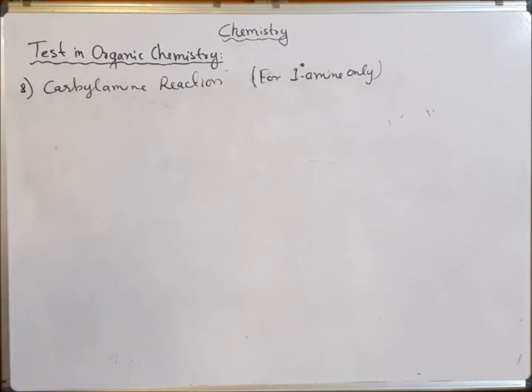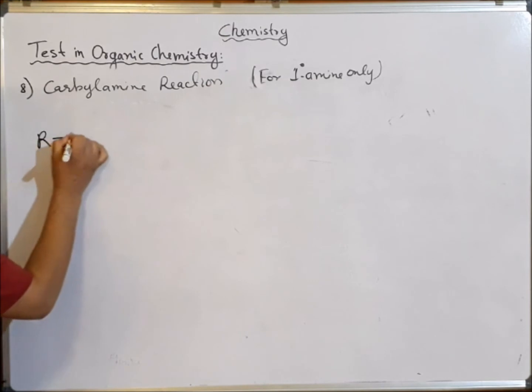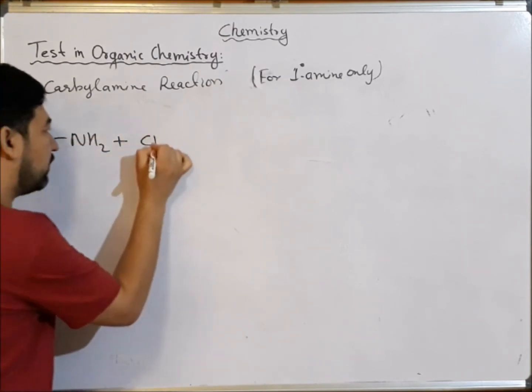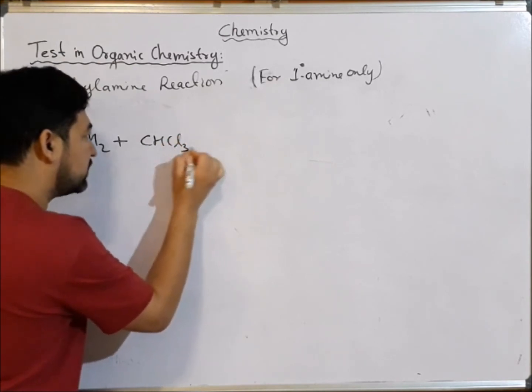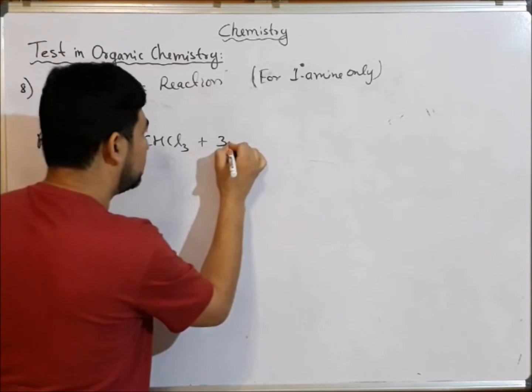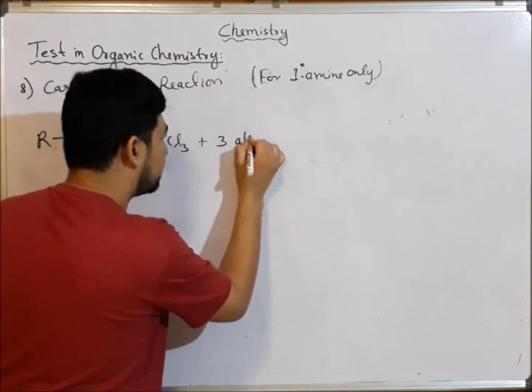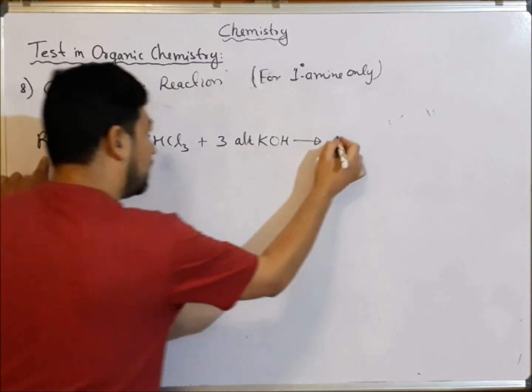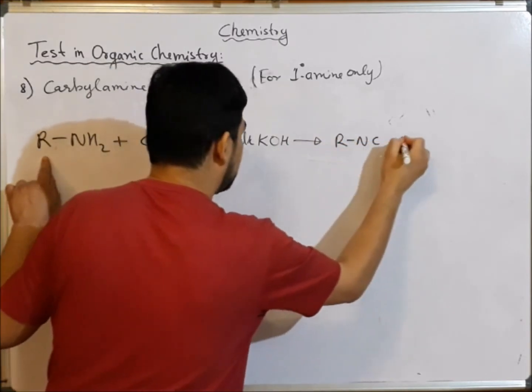If we write the reaction, it will be like this: RNH2 plus chloroform CHCl3 plus 3 molecules of alcoholic KOH. So this forms RNC.